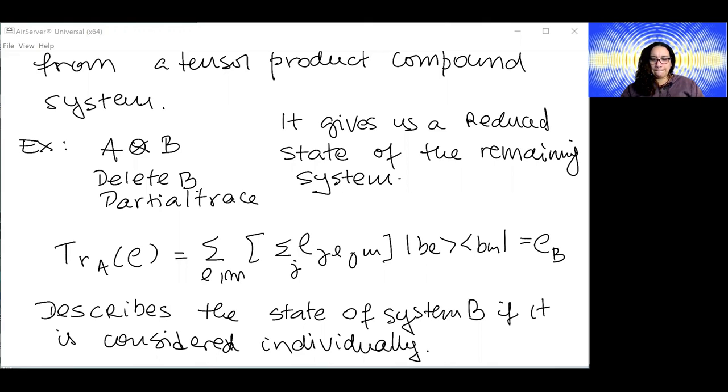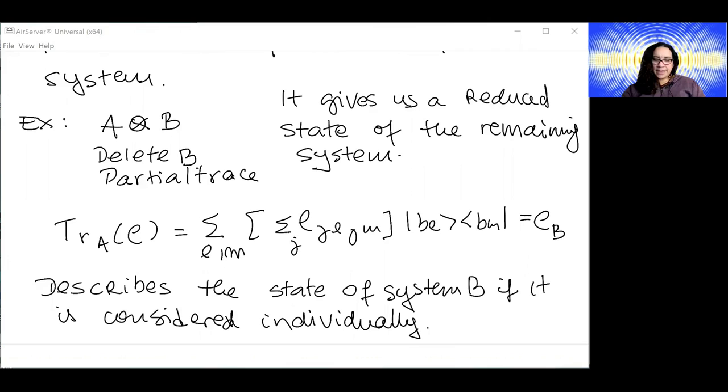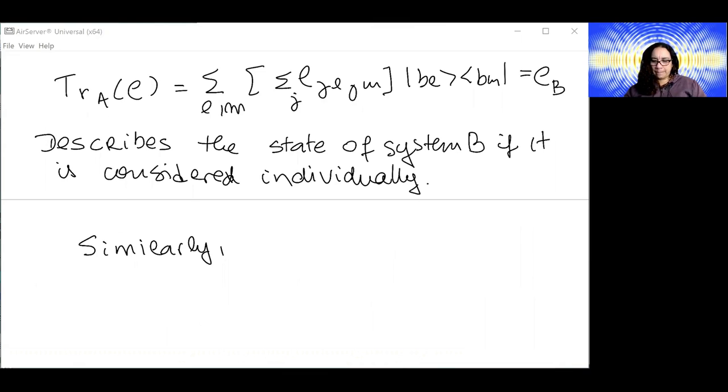So similarly, the reduced state for system A is obtained by tracing out the coordinates and the indices related to B. This can be used for everything: degrees of freedom, particles, etc., depending pretty much on the problem that you're looking at.